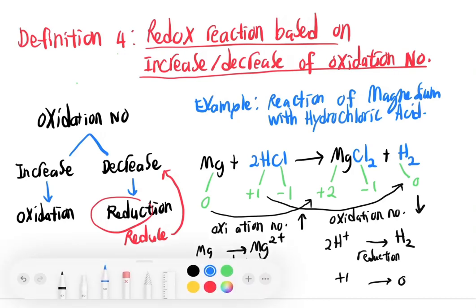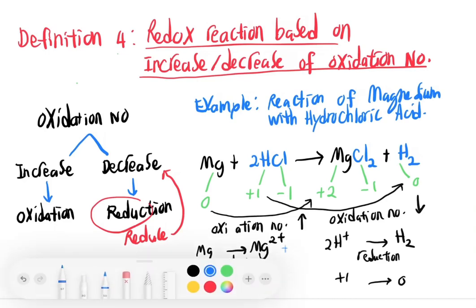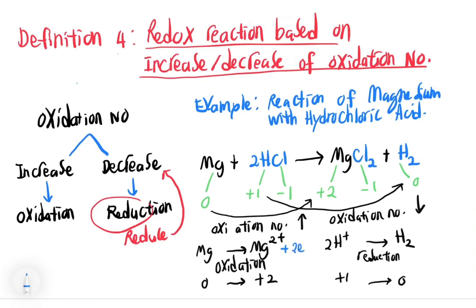And I will just complete that half equation. So in this case, magnesium undergoes oxidation, so magnesium is the reducing agent.